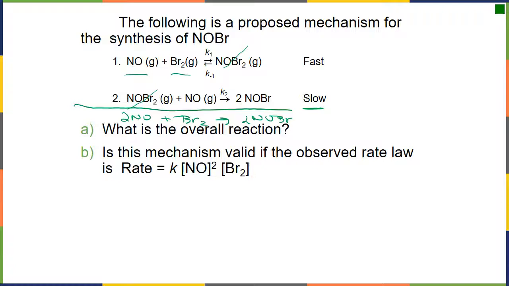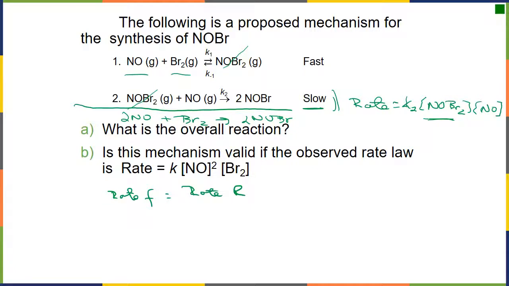So that's the overall reaction. From our slow step, we say that our rate is equal to, and we have to put k's on this, so we're going to call this k2, again, only because it's step 2, multiplied by NOBr2 times NO. So NOBr2 is an intermediate, so we have to go to step 1 and solve for it. Using the equilibrium step, we have rate forward is equal to rate reverse.